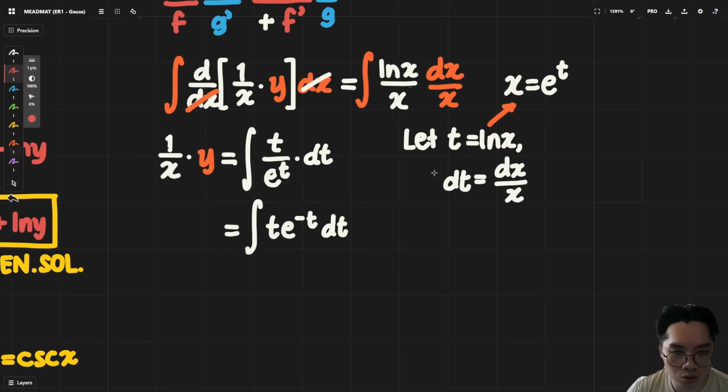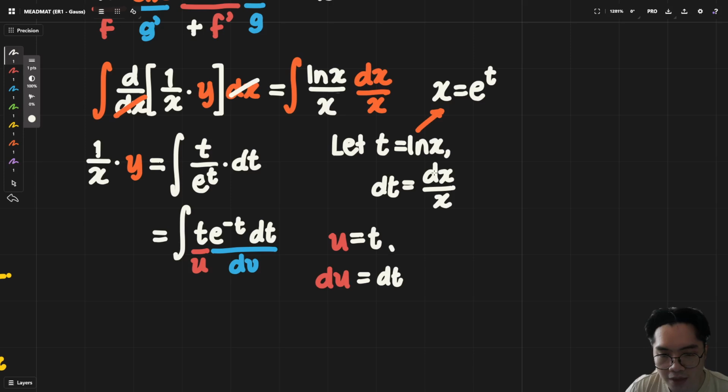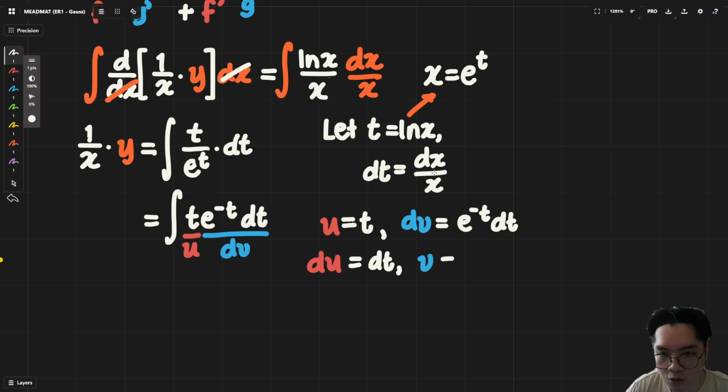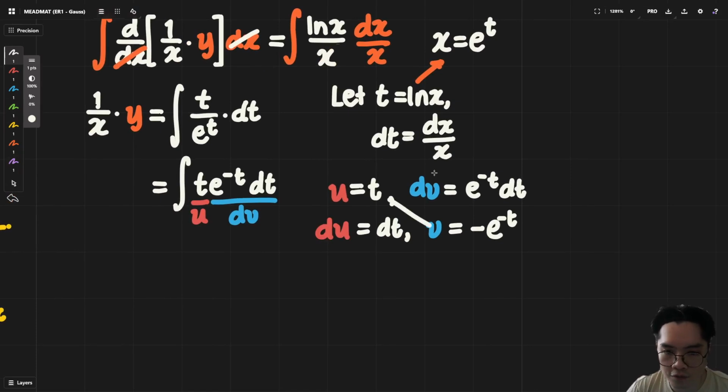Let's just choose this as our u, and everything else as our dv. That means that your u is your t, therefore your du is equal to dt. And then if your dv is equal to e raised to negative t dt, then that means that your v is equal to negative e raised to negative t. Right? And now we go uv minus the integral of v du.